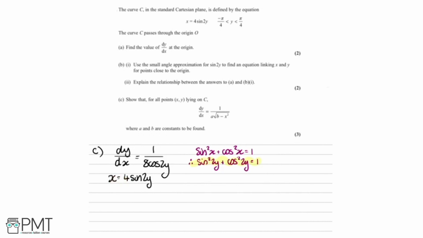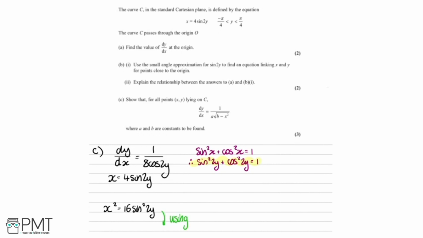So if we square this equation here, we're going to get that x squared equals 16 sin squared 2y. This is great because we've got a sin squared 2y here and sin squared 2y here in this identity. So we can use that to get cos squared 2y instead.